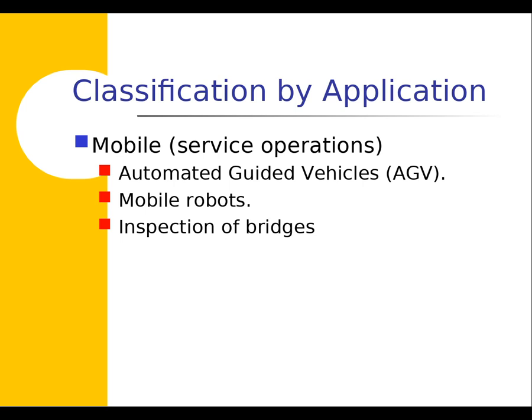There's a lot of robots they're looking at for inspection type tasks, especially of bridges. A lot of these very large bridges need a lot of inspection, so they're looking at Roomba vacuum cleaner sort of robots that can actually just move along the bridges and inspect for cracks or corrosion and things like that.